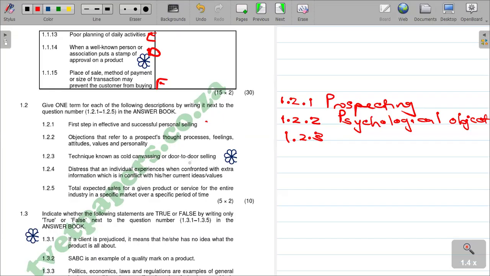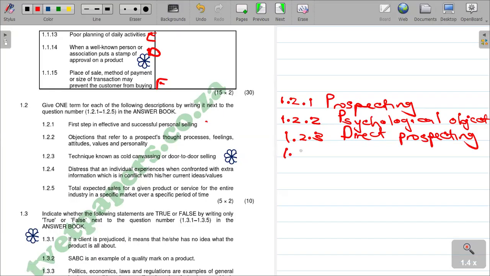That technique is what we call direct prospecting. Direct prospecting, when you go direct door-to-door selling.